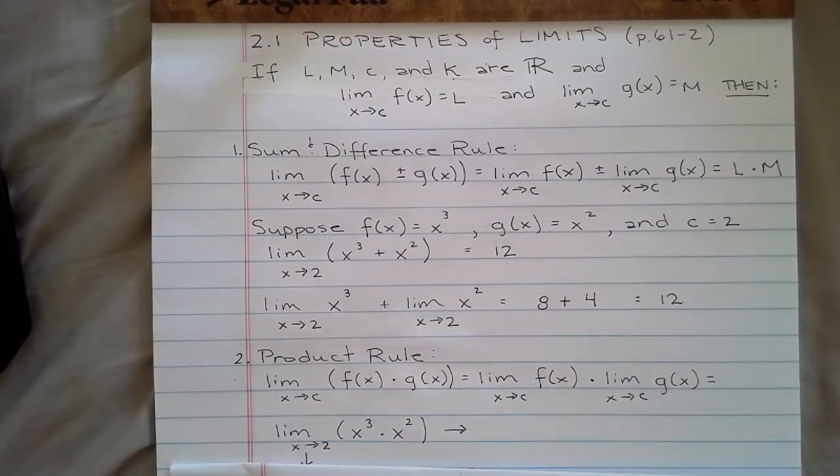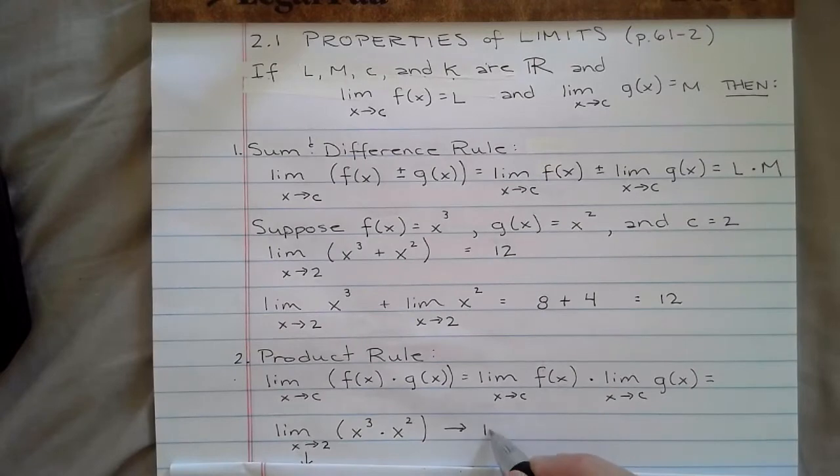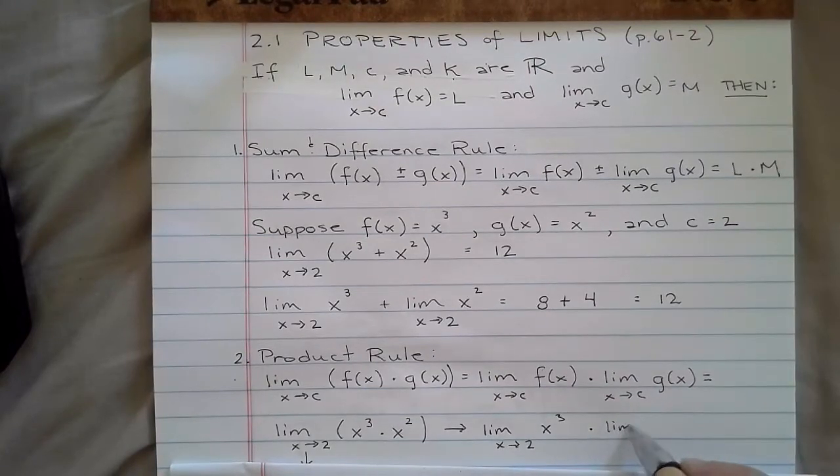You have some options. You could go ahead and multiply them both together, or you could split them up. I'm going to split them up and use the property. And then times it by.